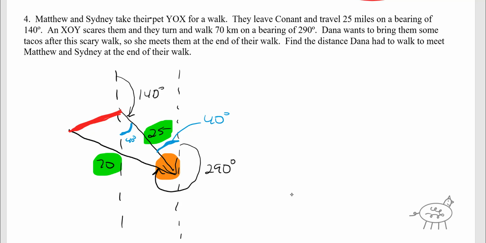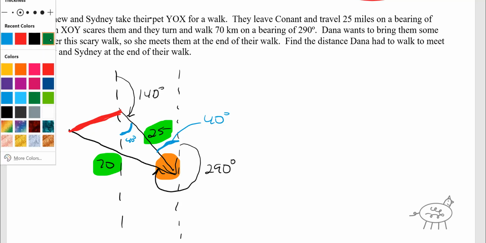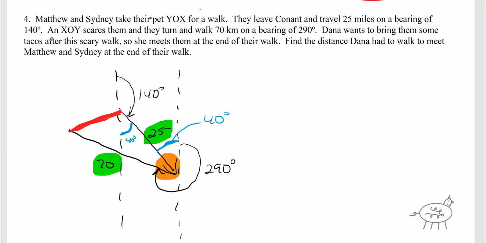All right, and if that's 290, do you guys agree the whole thing is 360? Let me change colors again here. So this angle right here is basically 360 minus 290, which is 70 degrees. So that green line that I just drew is 70 degrees.